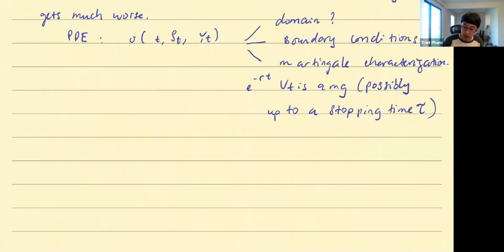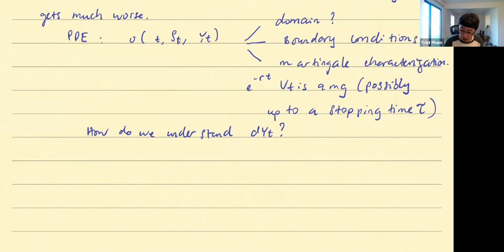The second issue is how we understand DYT. You have a new process here that the option price depends on. When you do the PDE, you must understand how the Y evolves with time, because that will feed directly into Ito's formula.